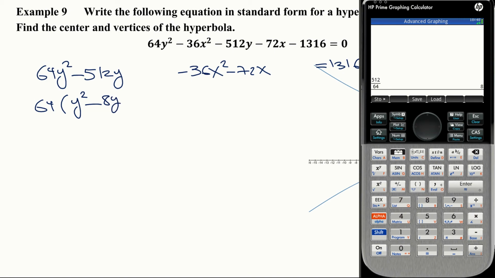I'm going to leave some space and factor out the -36. That leaves me x squared plus 2x.